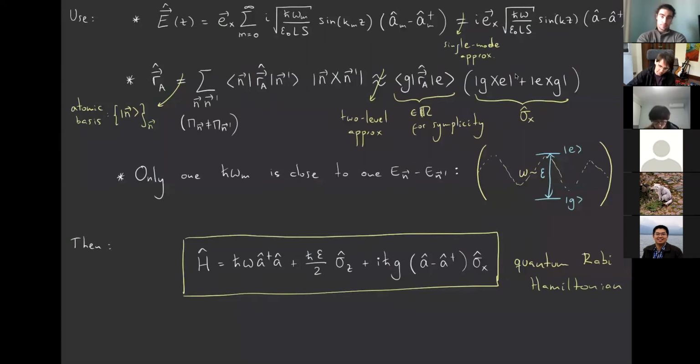Okay? And in particular, in this quantum Rabi Hamiltonian, if you just substitute everything in the general form of the Hamiltonian, you will see that this interaction coefficient g is just written in terms of the physical parameters of the model as the charge of the electron, the frequency of light, divided by ħ ε0 L S, then the matrix element of the atomic coordinate, but projected onto the polarization of light.